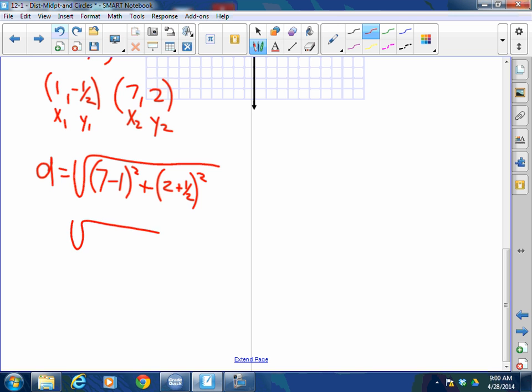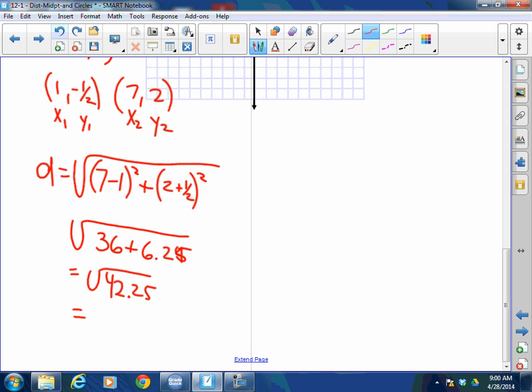And that's going to equal 6 squared, which is 36, plus 2.5 squared, which is 6.25. So that's the square root of 42.25, which is roughly 6 point something. Is it 6.5?